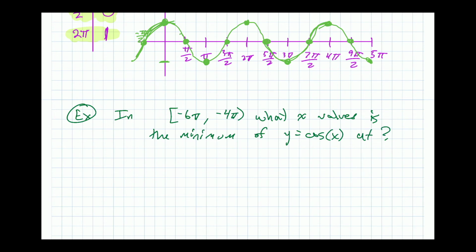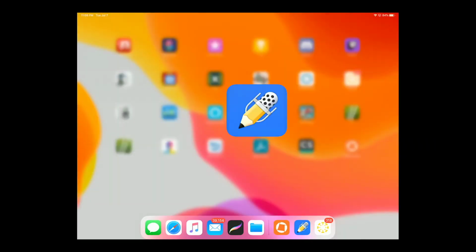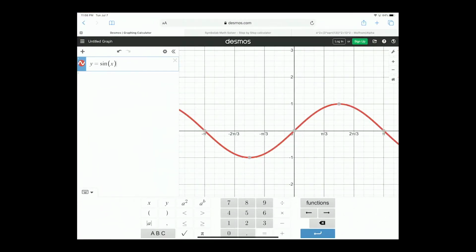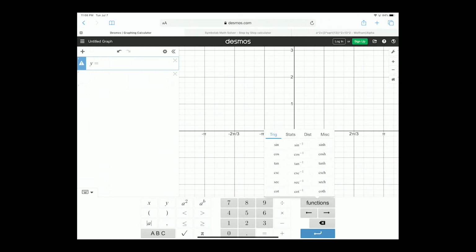Okay? And again, I'm going to advise you should use a site like Desmos to help you. So negative 6 pi to negative 4 pi. So we go to Desmos, change this to a cosine. Functions, cosine x.